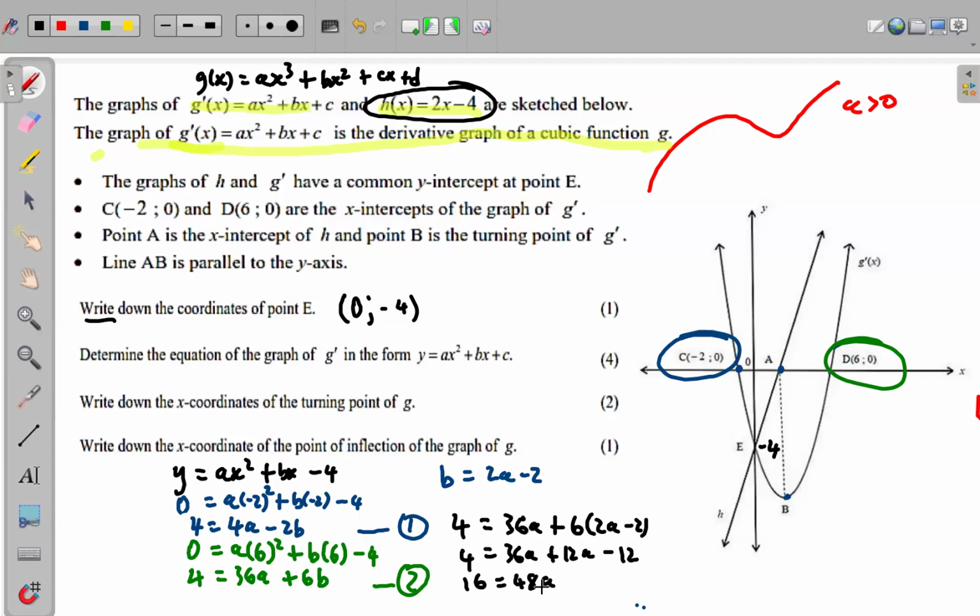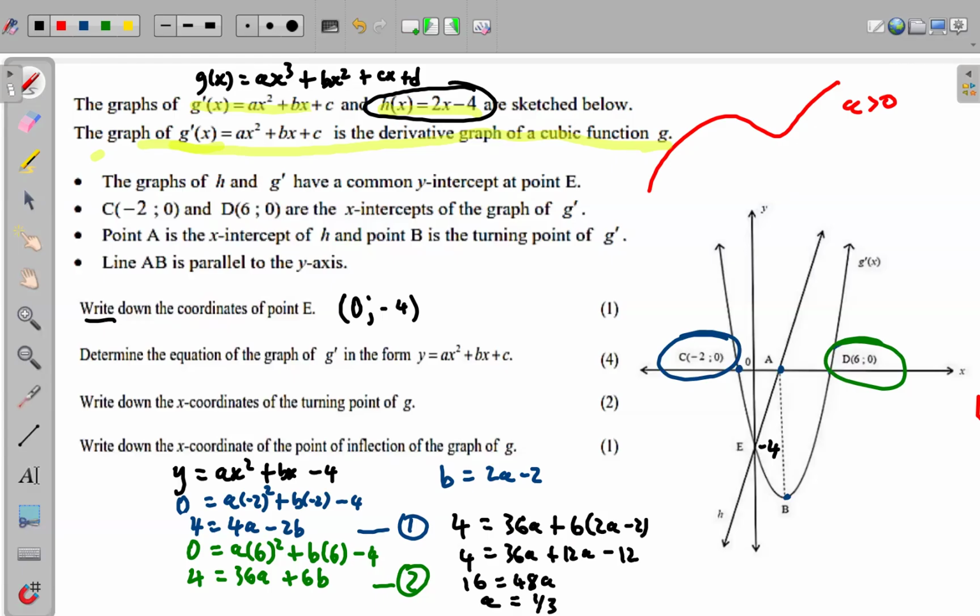So is there someone who's happy to do 16 over 48? It's a Sunday. I don't trust my arithmetic actually. 16, 32. Yeah, 16 times 2 is 32, right? Oh, so it looks like it's a third. Yeah, it's a third. Great, thank you, Lube. It's a third.